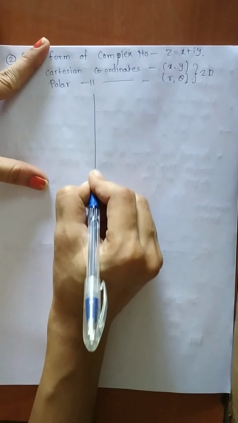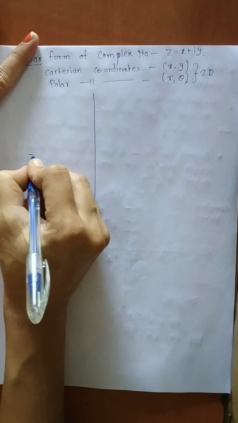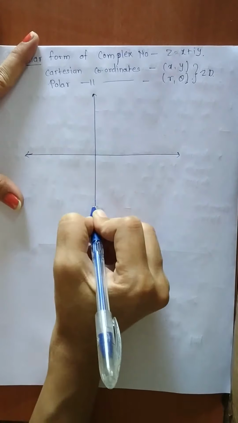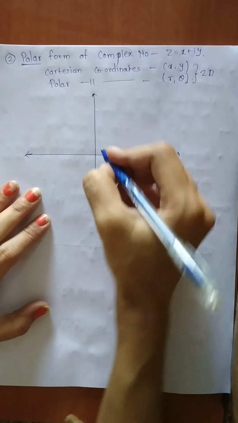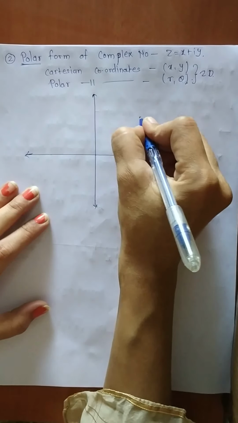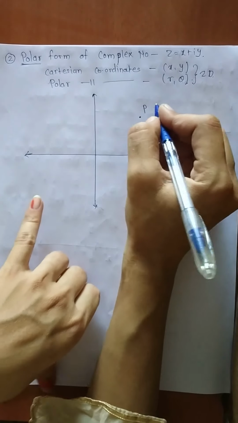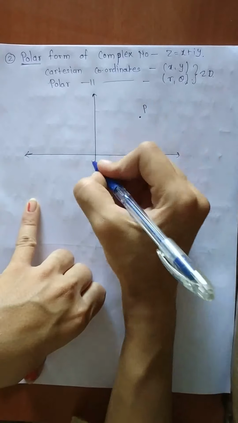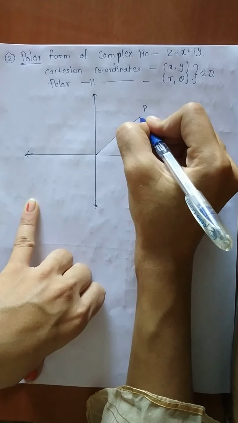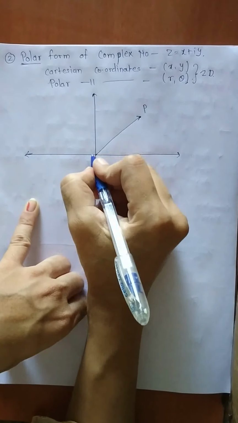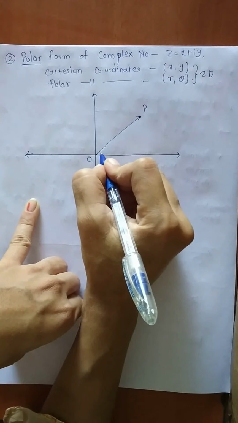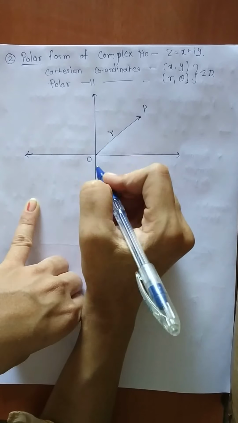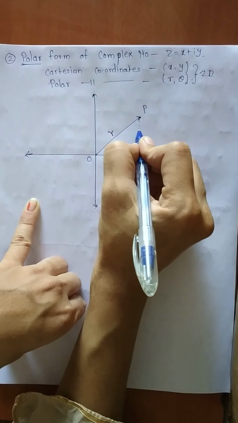Let me draw again the graphical representation of a complex number in polar form. Suppose this is point P at which we have our complex number. At this point, this vector is our OP. Previously we have studied this. Now I am taking its magnitude as r.